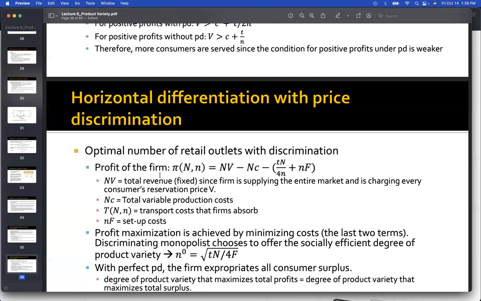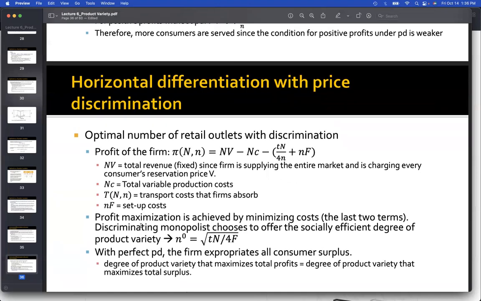All right, so this is with discrimination again because this has no N there. And you're selling to everyone. Okay, NV is total revenue, which is fixed, right? Because selling to everyone. NC is the total cost. T and N is the transport costs. And F is the setup costs. If you remember, this looks exactly like the optimal number of outlets for the situation in social welfare.